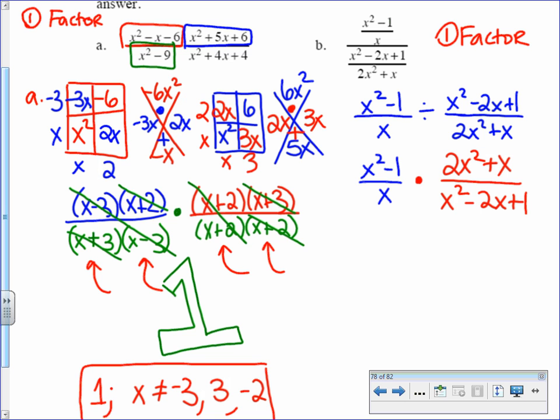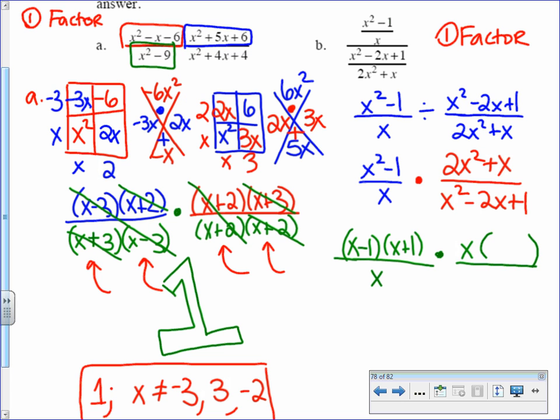X squared minus 1, that's the difference of squares, so I have x minus 1 times x plus 1. The denominator cannot be factored, it's just an x. Okay, this numerator, 2x squared plus x, I have a greatest common factor of x in both of them, so I can factor the x out.